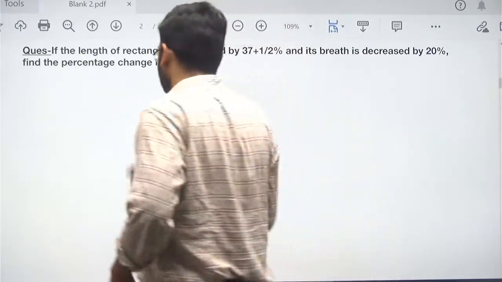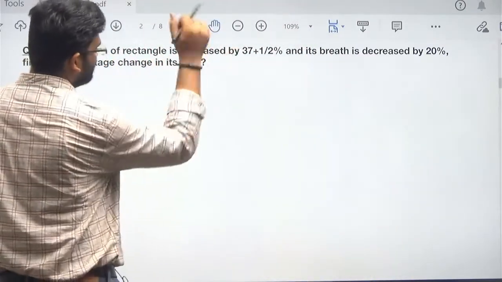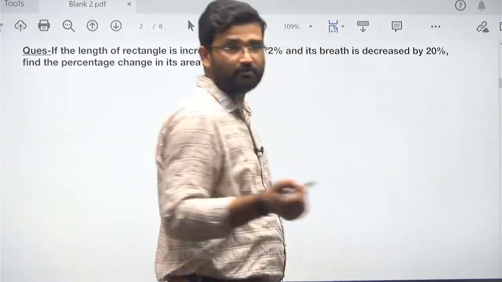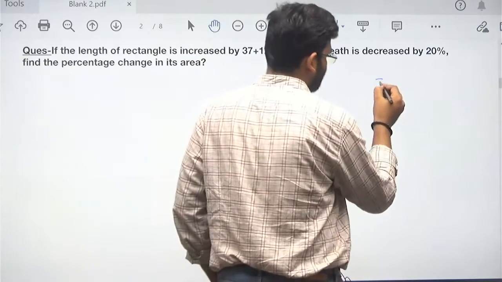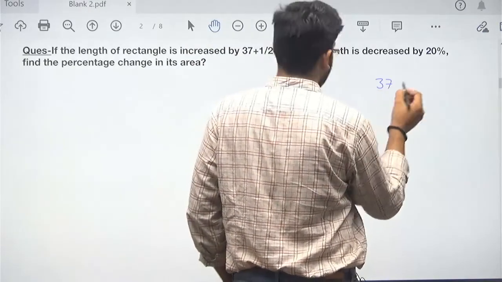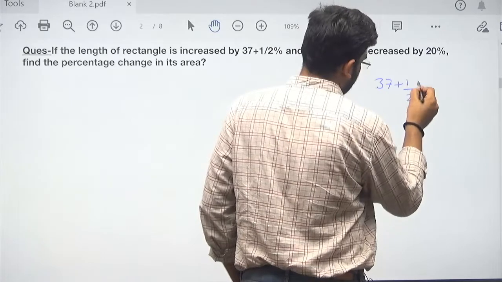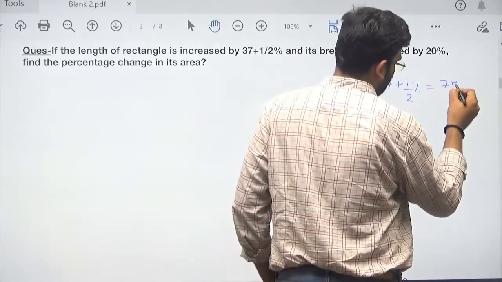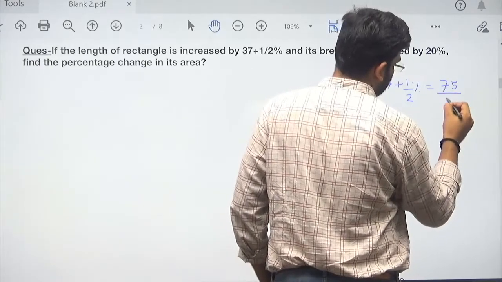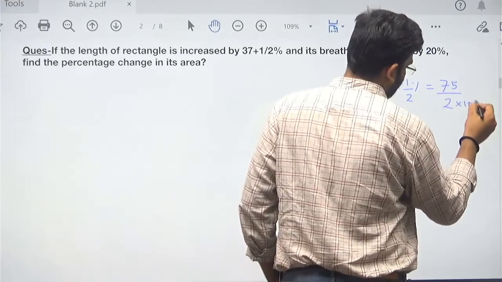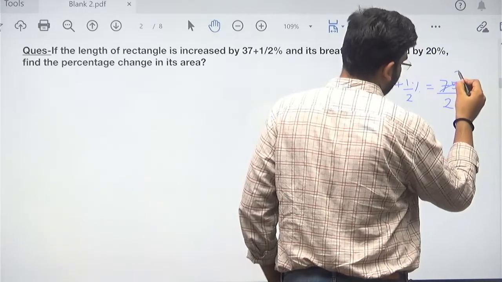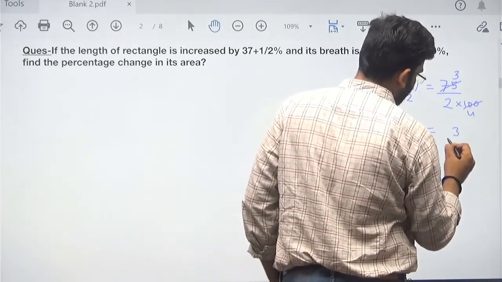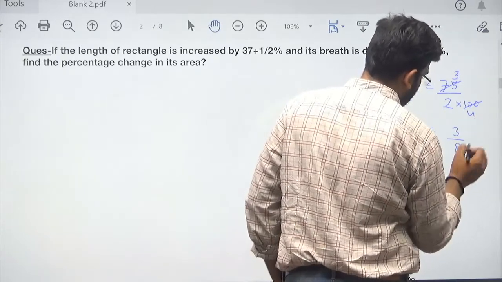So see here, what question is saying that the length of rectangle is increased by 37 plus 1/2%. So first of all we will convert percentage into normal fraction. See, 37 whole 1/2%. It means that how much is this? This is 75 upon 2, and whenever we will remove percentage, 100 will come in denominator, divided by 25. 25 3 times, 25 4 times, it comes to be 3/8, okay?